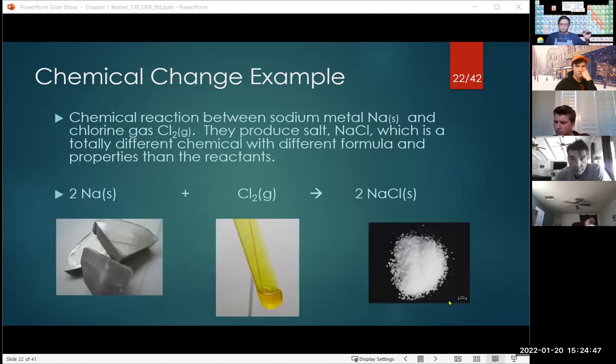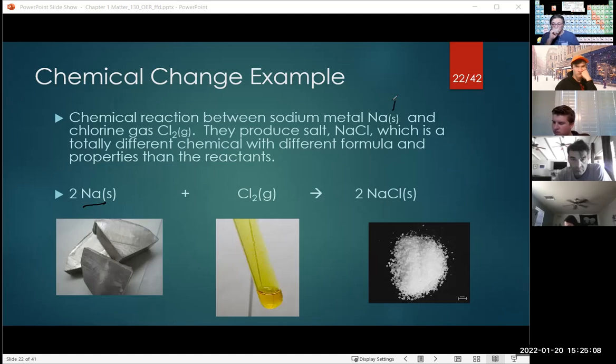So what it says here is sodium metal, which we would look up the formula for, Na. And they're telling us that it is a solid, but we're going to know that based on its position on the periodic table.